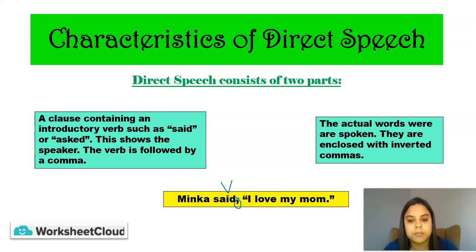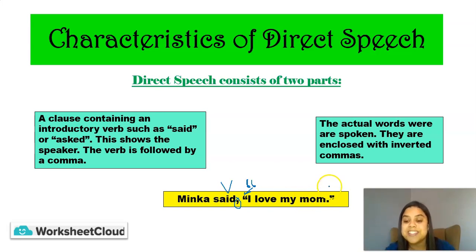You need to put in a comma, and I start the phrase that the person was about to say. And that is indicated by my open inverted comma, which is indicated right over here. Then Minka said, comma, "I love my mom."